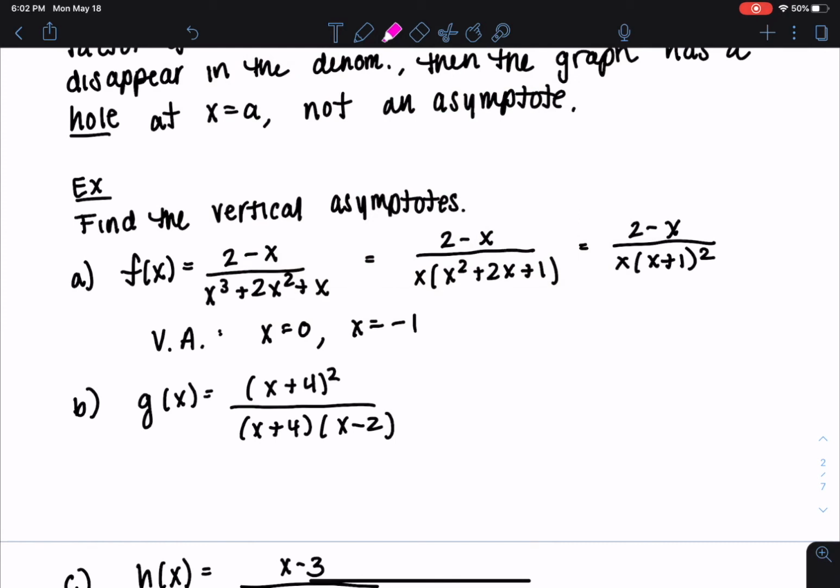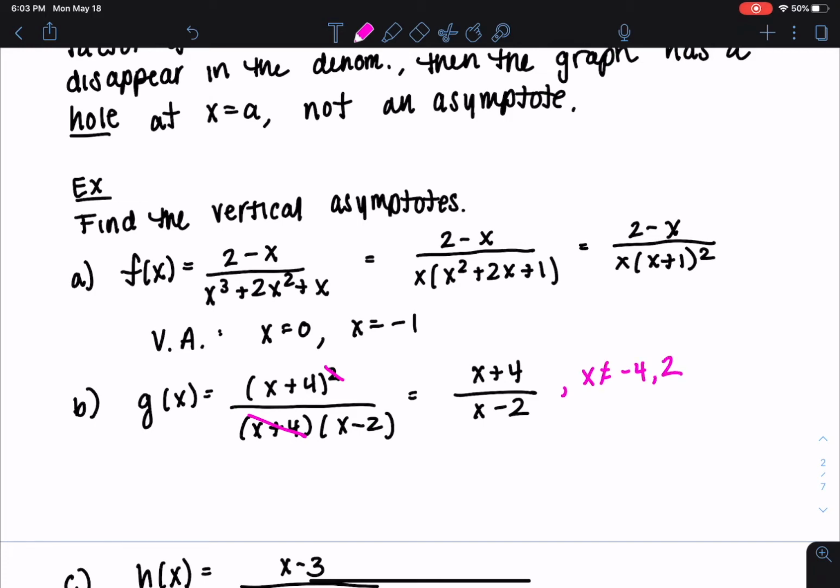So let's take a look at this next one. It's already in factored form for us, which is great. And if you notice, I do have some repeat factors in the numerator and denominator. I've got more in the numerator, so 1 is going to cancel, and I'm going to be left with 1 up top. Now, I still can't have x equals negative 4 because it did cause us problems, and same thing with 2.